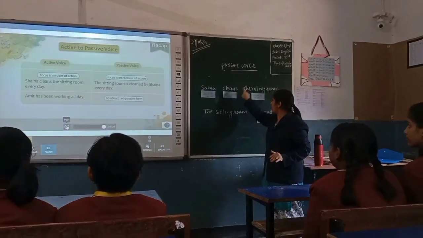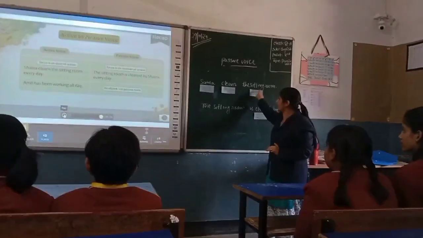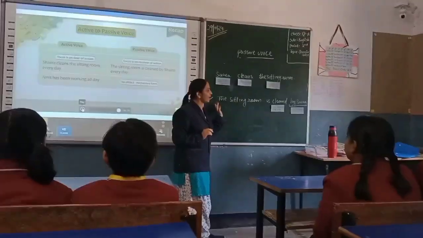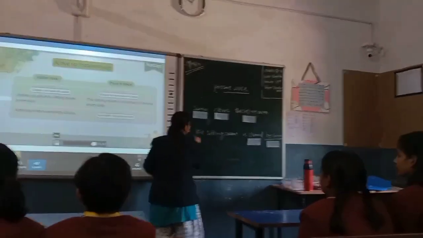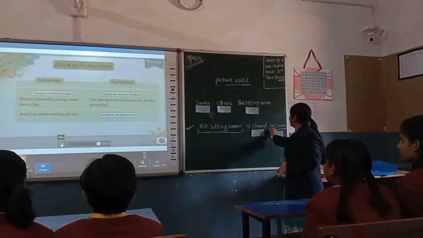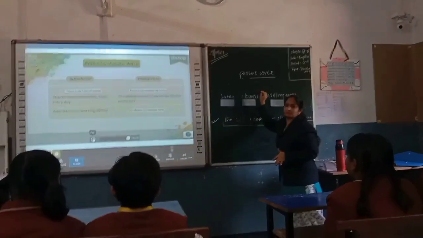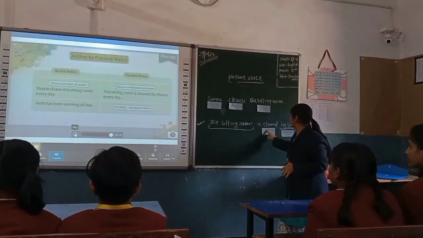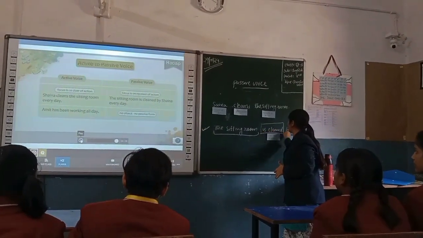Cleans is a verb and the sitting room is the receiver. But when I am changing it into passive voice, what have I done? I have changed the position of the receiver of action, and the doer of action is at the end, and the main verb or action is in between, which is changed according to the rule of the tenses.